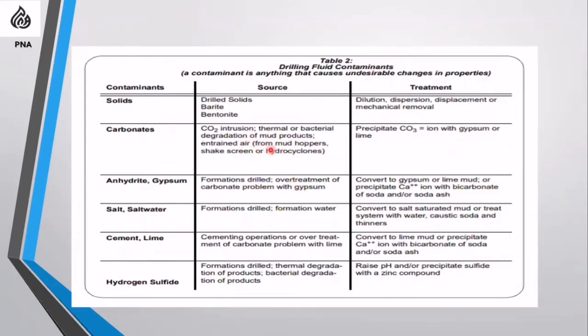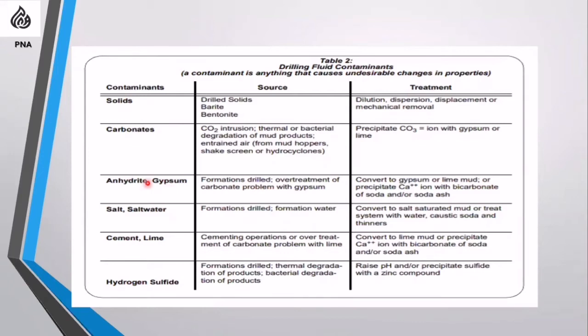Sometimes we have air from the mud hopper, shale shaker screen, or hydrocyclones that shows up as CO2, but usually CO2 is from the formation or bacterial degradation of mud products. If we have CO2, or carbonate contamination, we have to treat it with lime. Gypsum is rarely used as a treatment. The common treatment for carbonate contamination is lime.